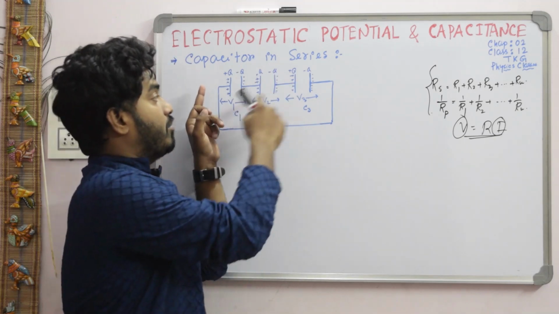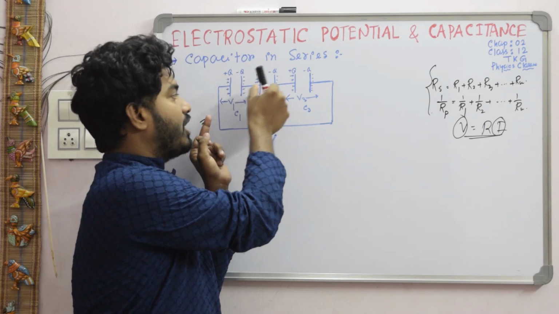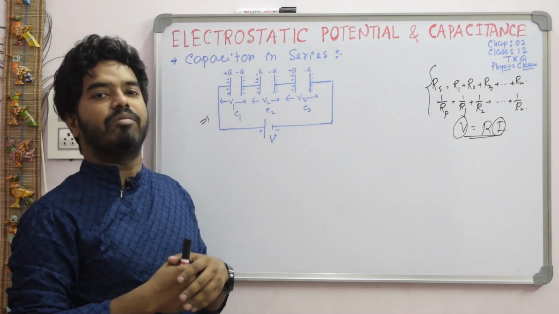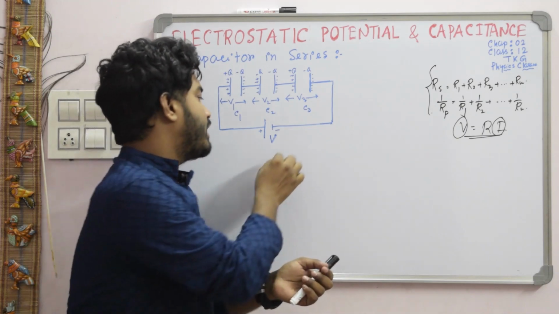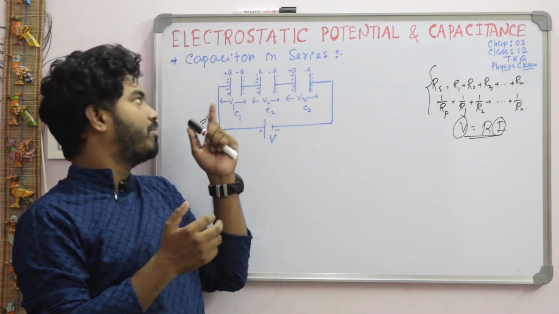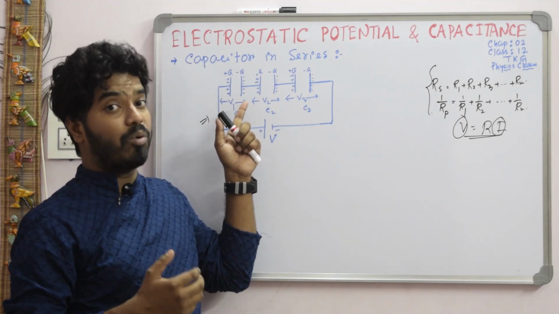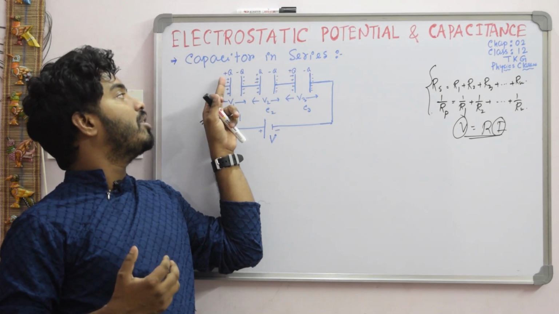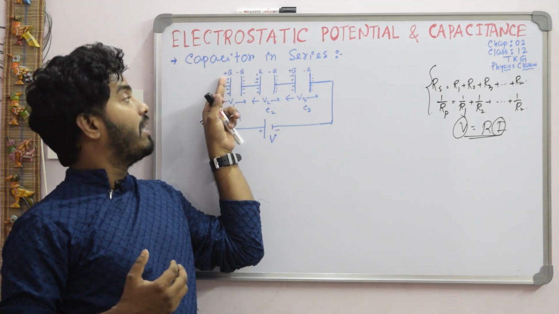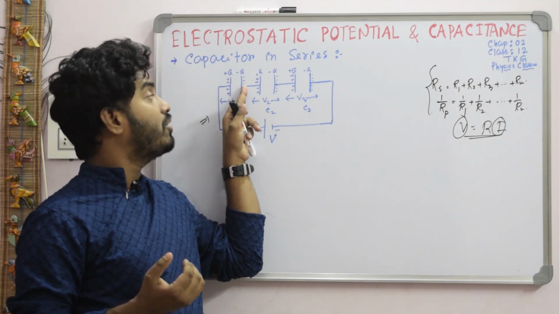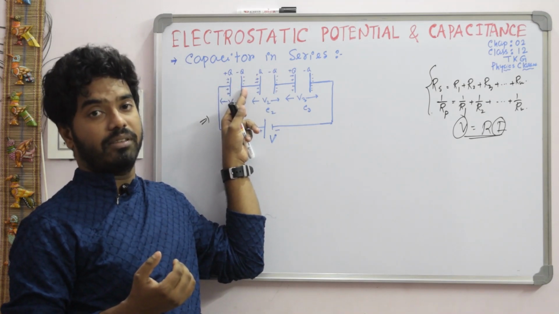Here the 3 capacitors are connected with a supplied voltage V, and this voltage develops the charge, plus Q for the positive plate and minus Q for the negative plate. What actually happens here is that a charge plus Q is developed, and this plus Q charge induces a charge minus Q on the other plate, right?